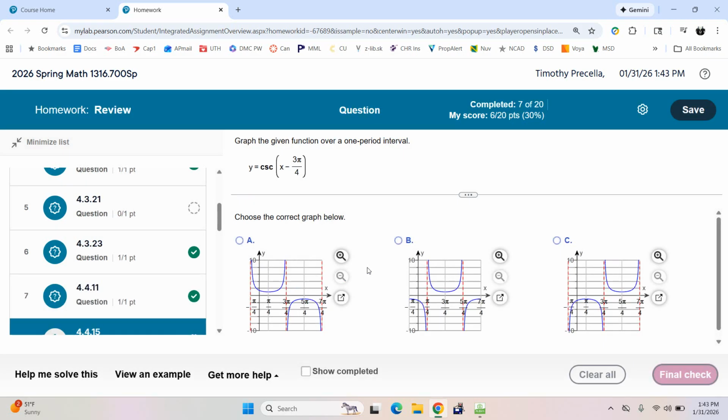What do we have now? Okay, good. A cosecant function. Number 8. To graph this cosecant curve, we're going to first have to graph, what's the reciprocal of cosecant? Sine?